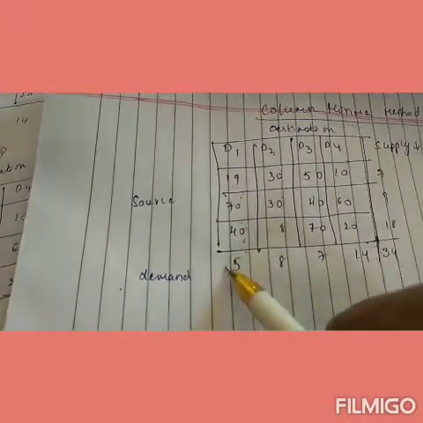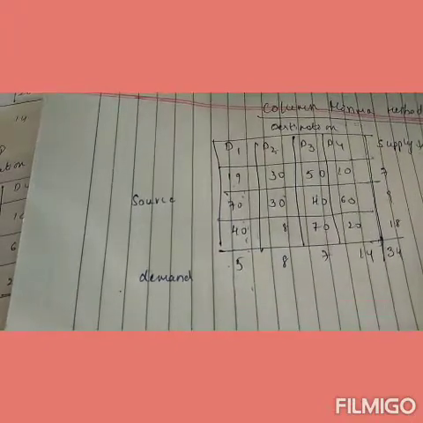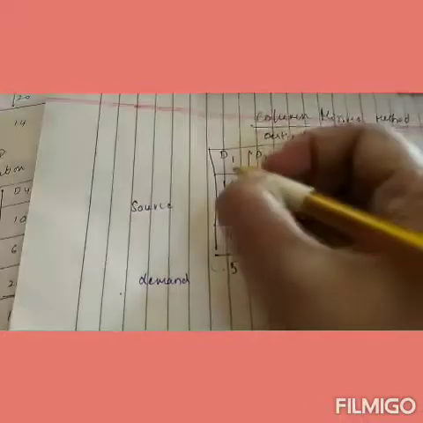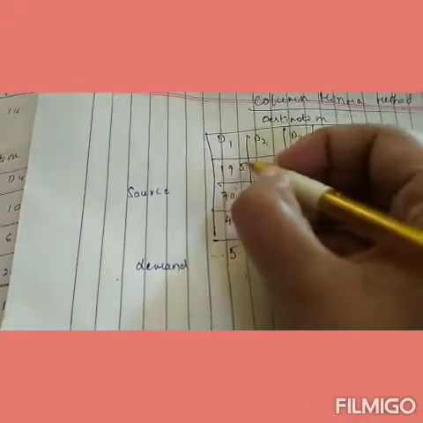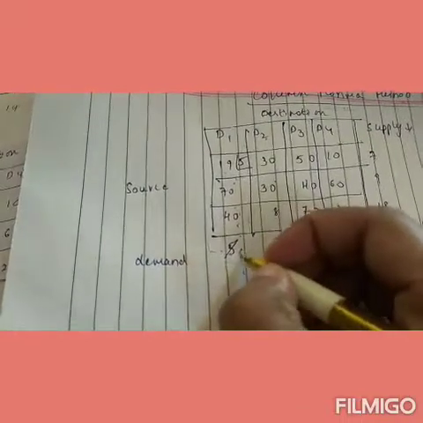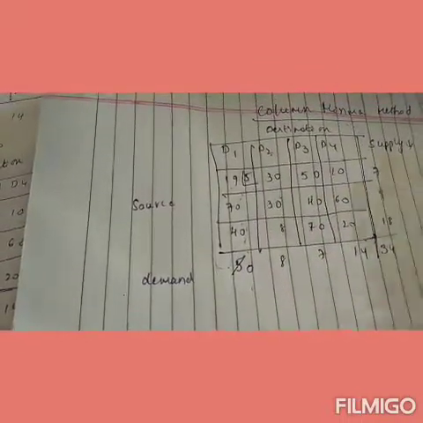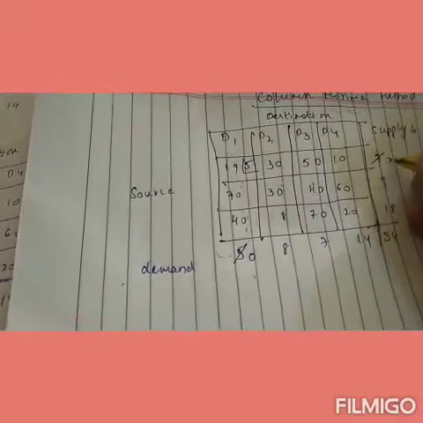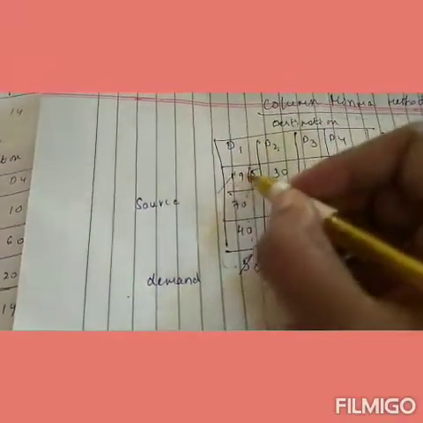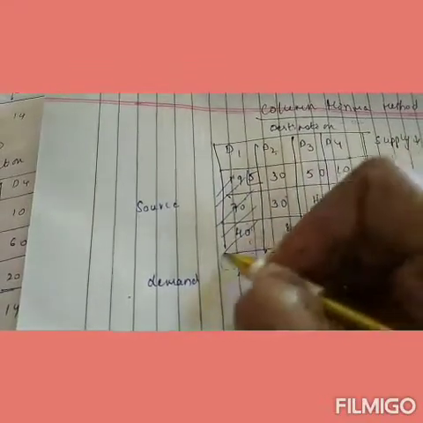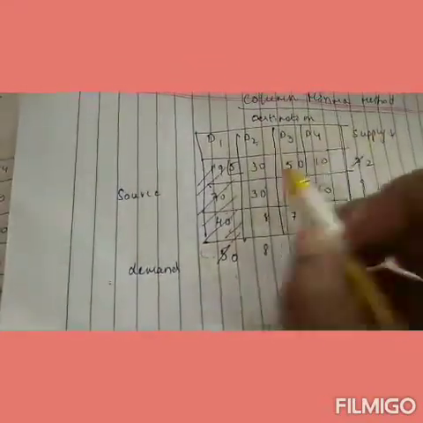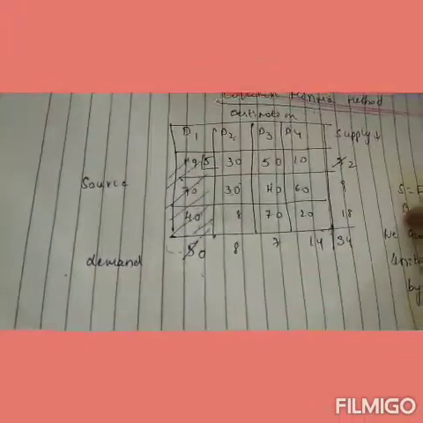Which is minimum, 7 and 5? 5 is minimum. So allocate 5 in this cell, and 7 minus 5 is 2. The demand becomes 0, so we cancel this entire column.